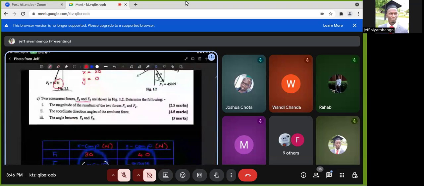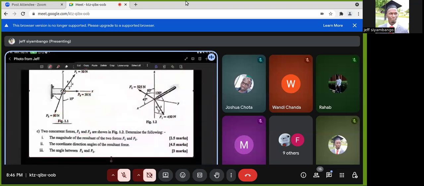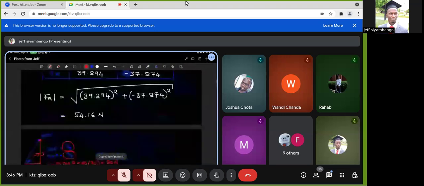Determine the following: magnitude of the resultant of the two forces, the coordinate direction angles of the resultant force, the angle between F1 and F2. This is a very good problem because now it steps out from first year and requires us to use concepts from second year. Let's analyze it on its own.